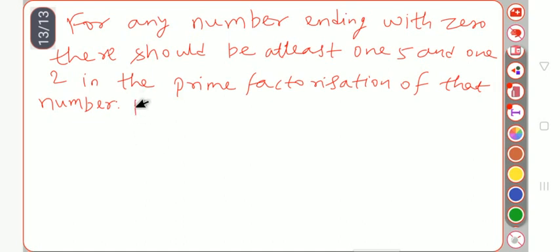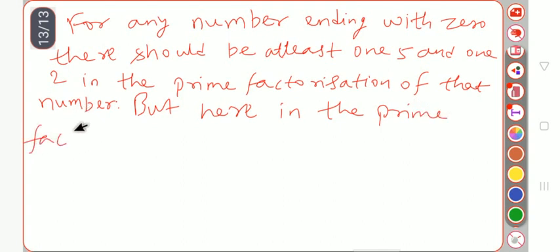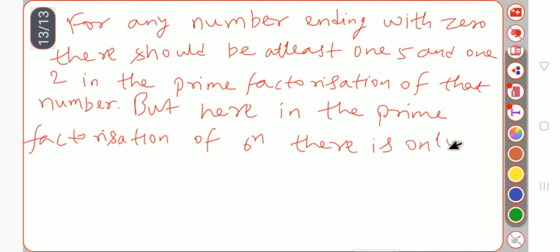But here, in the prime factorization of 6 to the power n, there is only 2 and 3 present.